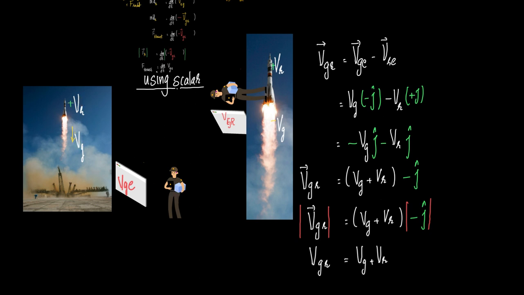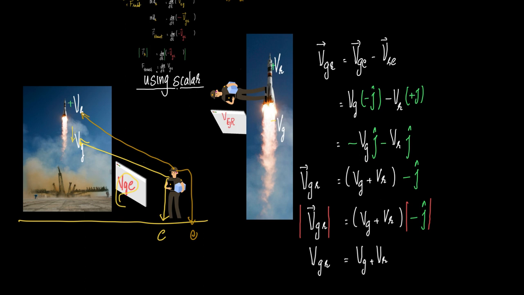When he observes the gases while standing on the ground, what he sees is the velocity of gases with respect to Earth. This is Earth. Again, this man is observing the rocket while standing on Earth, so he is seeing the velocity of the rocket with respect to Earth.